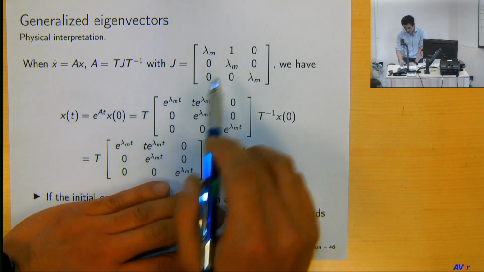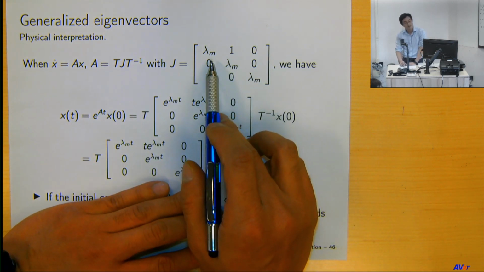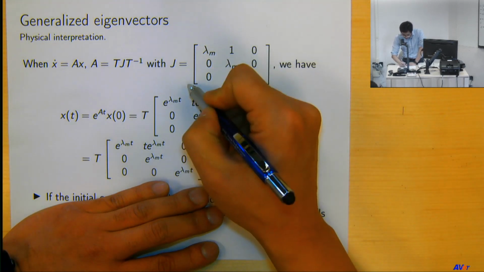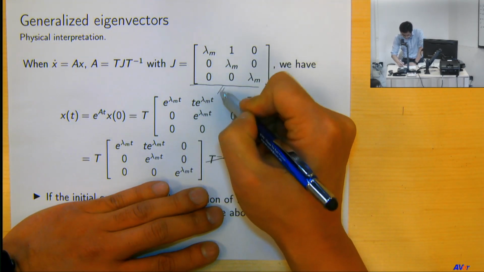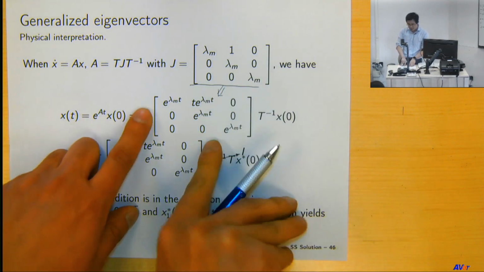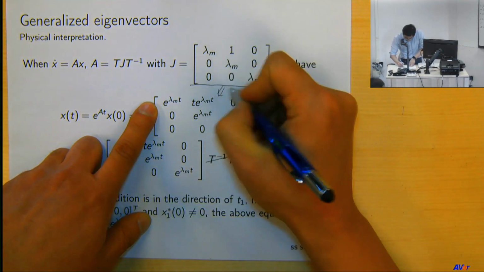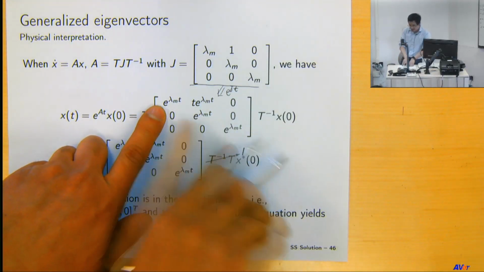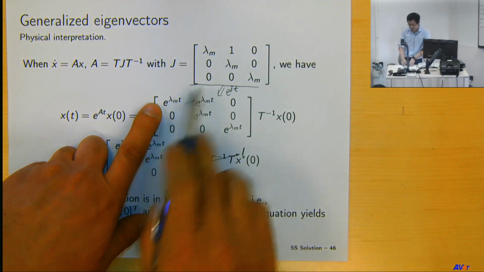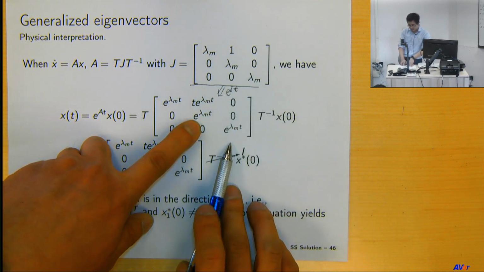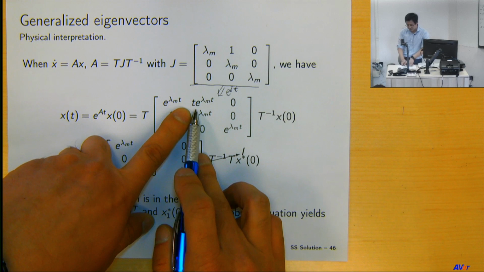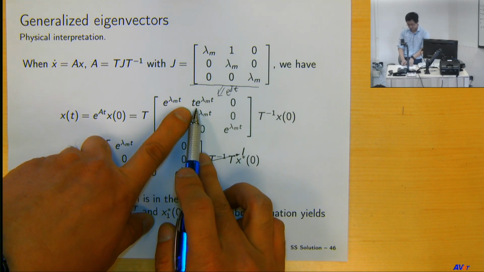From the Jordan form solution, we know that if J looks like this, then e to the power of Jt is going to look like this. It is still very much diagonal-like. So e to the lambda_m t, e to the lambda_m t, e to the lambda_m t. And then for the element here, you get t times e to the lambda t.